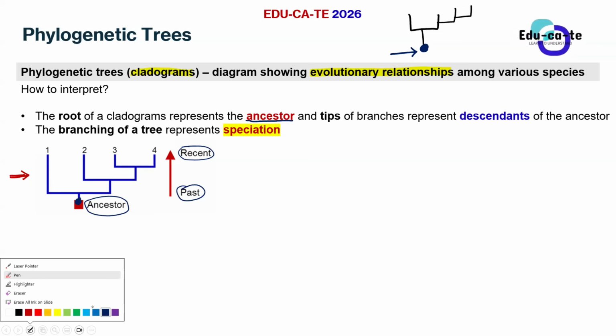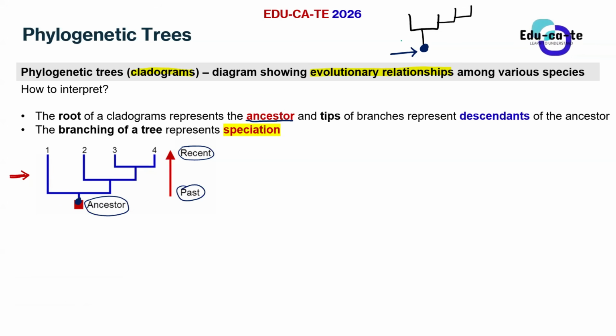We have the tips as well. The tips of a phylogenetic tree, these points here, are known as the descendants. Whenever we go to these tips, these ends here of the phylogenetic tree, they represent the descendants.